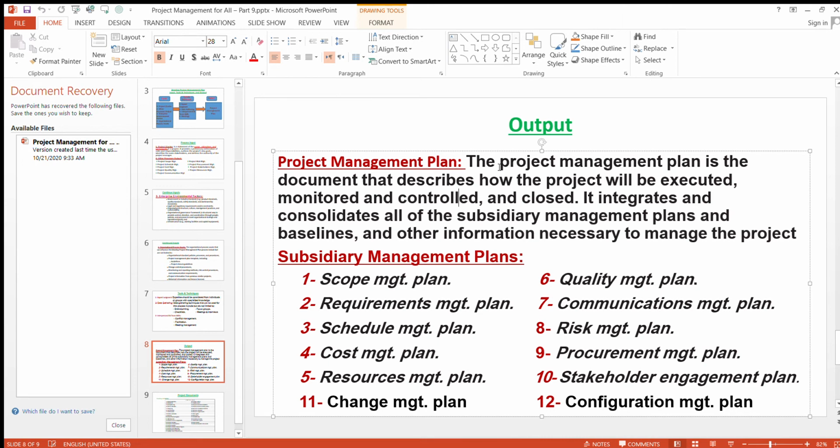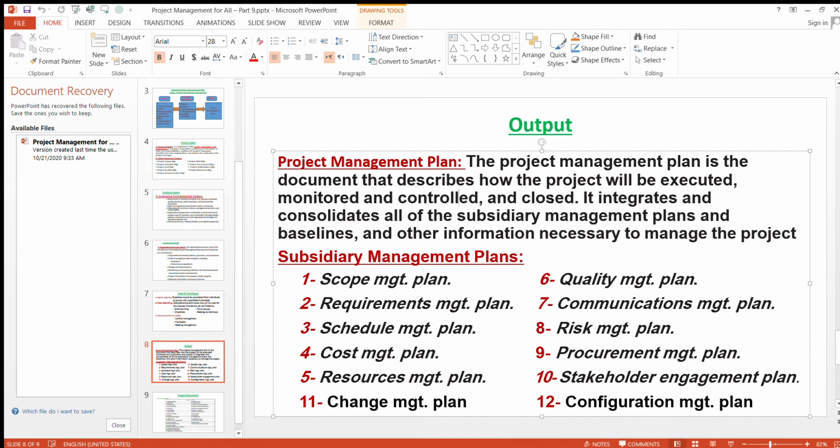As we said before, it is the document that describes how the project will be executed, monitored and controlled, and closed. It integrates and consolidates all the subsidiary management plans and baselines and other information necessary to manage the project.